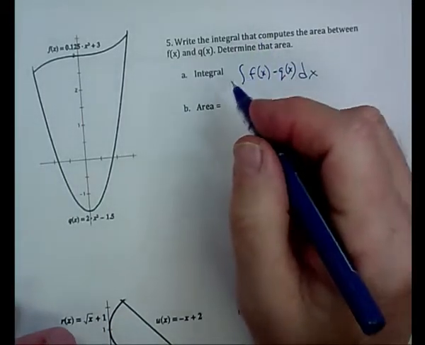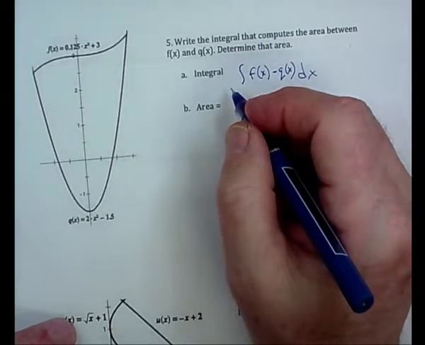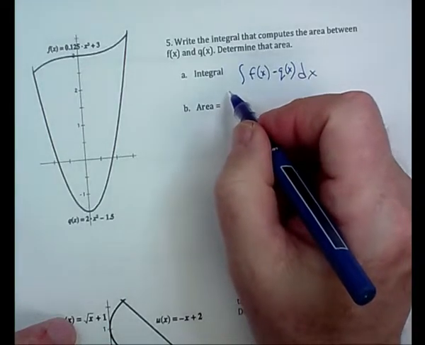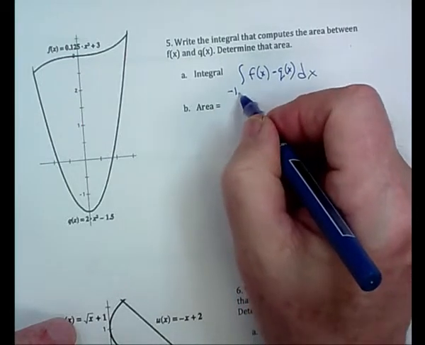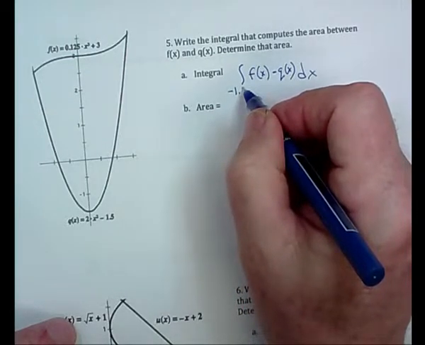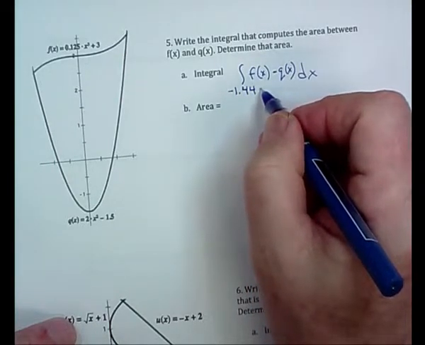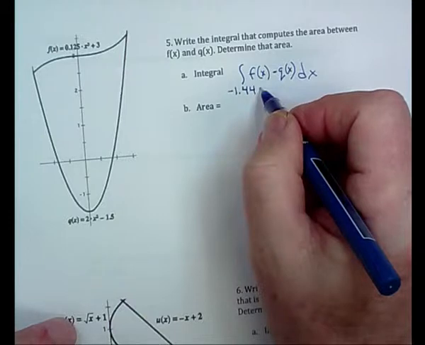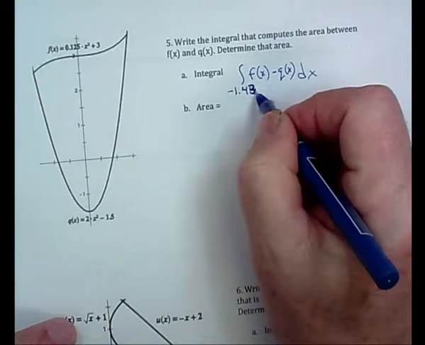So, did anybody get an A and a B here? Jeremiah, did you get an A? What'd you get? About 1.44. I think it's got to be negative. Oh yeah, negative 1.44. Is there a third decimal or no? 1.437.